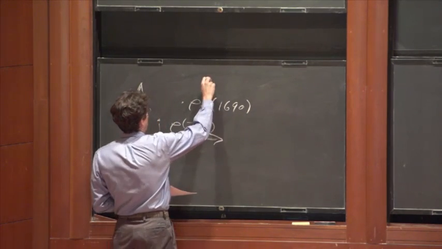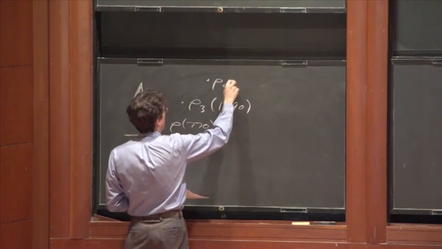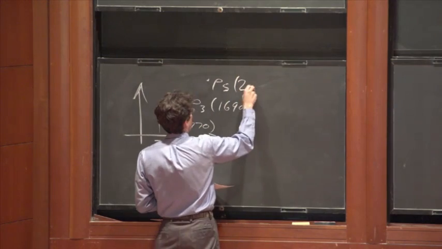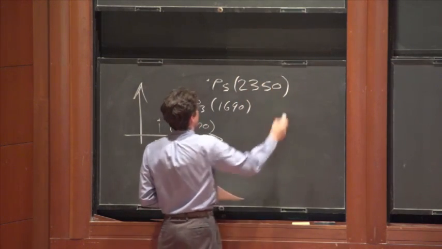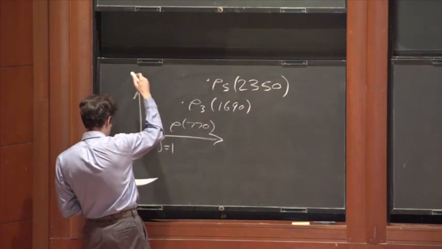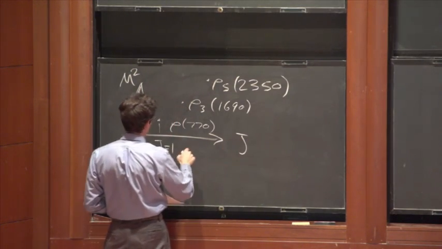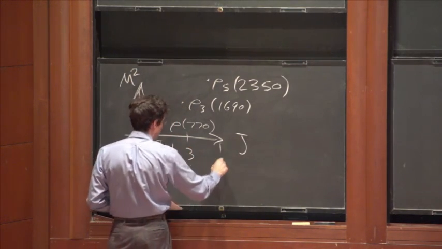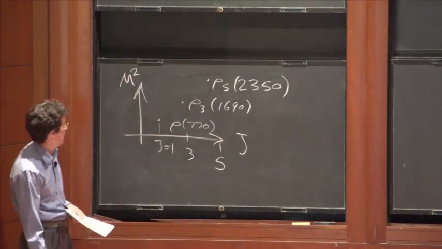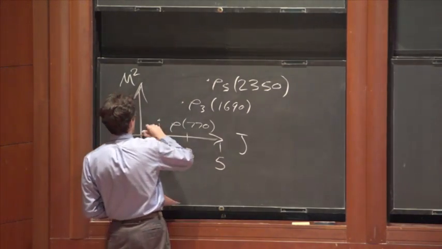And then there's another one called rho 5 at 2350. And sure enough, if this axis is m squared and this axis is J with 1, 3, 5 as the data points, you can see that things are lining right up.